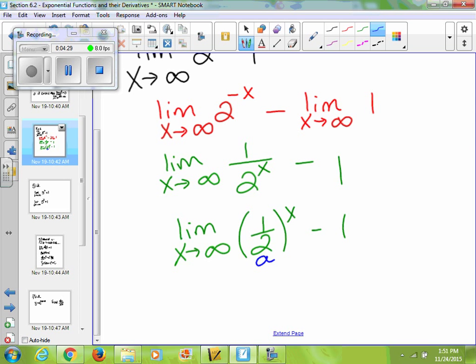And so if we look at rule number 2, when our a is in between 0 and 1, which 1/2 is, what is the limit as x approaches infinity? 0. Okay, so I know that the limit as x approaches infinity of 1/2 to the x is 0. So I end up with 0 minus 1, which is negative 1. So my limit of 2 to the negative x minus 1 is negative 1.